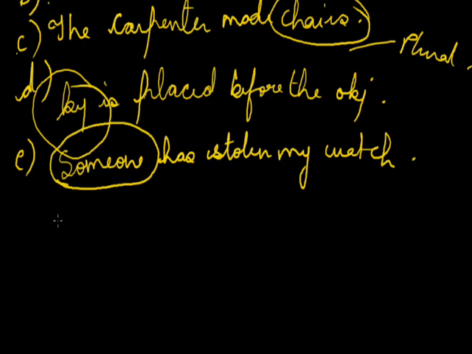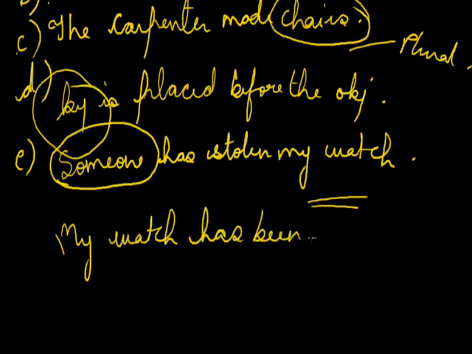So if I want to convert it into a passive sentence, I'll take the watch first, that is, my watch has been stolen. If you write "my watch has been stolen by someone," it is a wrong sentence, because the subject is unknown or unimportant to be mentioned.